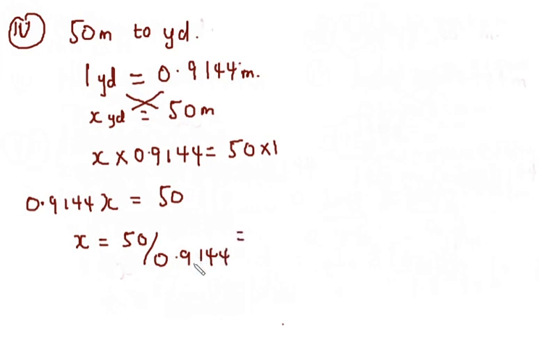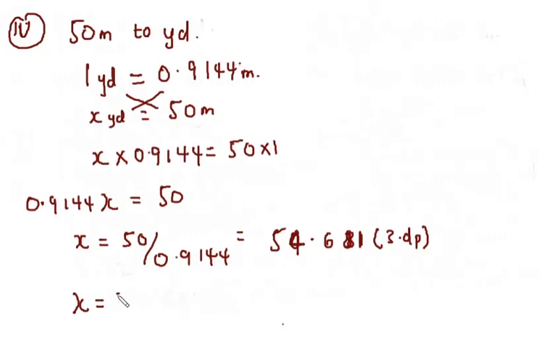This is equal to 54.681 to 3 decimal places. So this means that x is now equal to 54.681 yards.